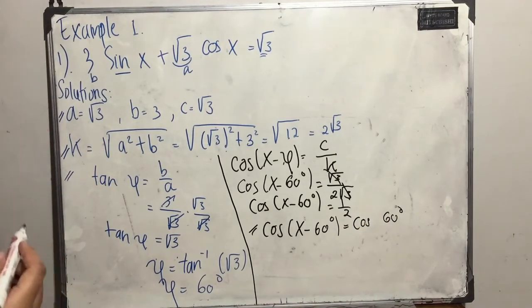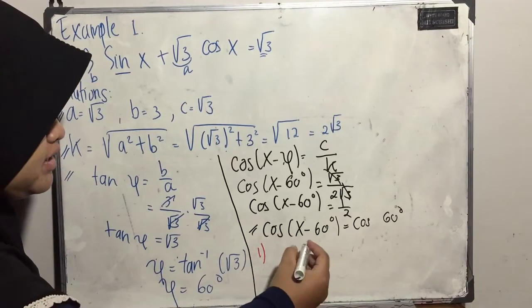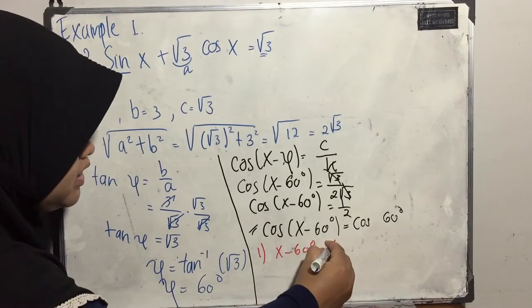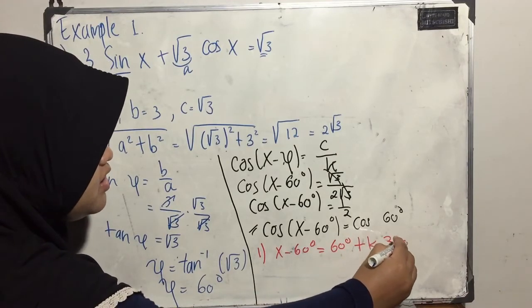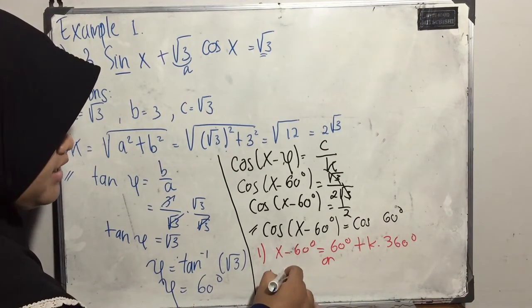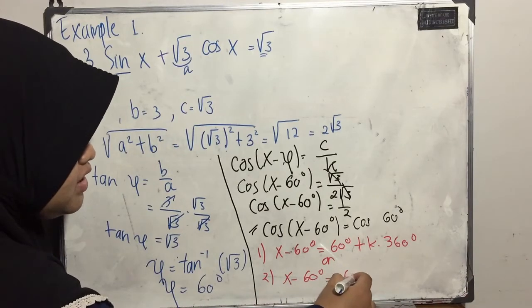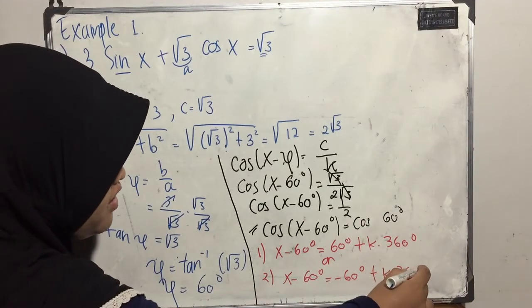So from here we can use the two formulas to find the value. The first is x minus 60 degree is equal 60 degree plus k times 360 degree, or number 2, x minus 60 degree is equal minus 60 degree plus k 360, everyone.